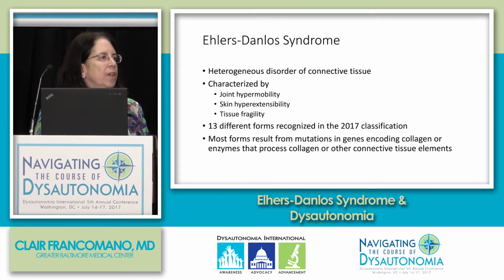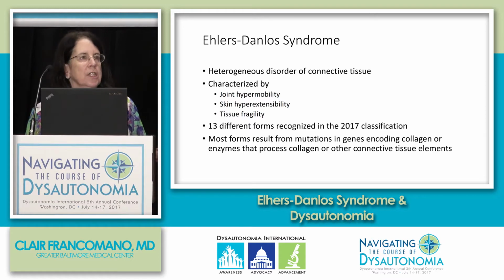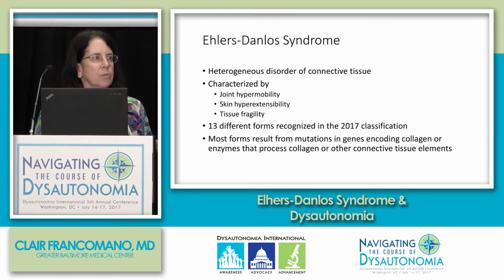These three features vary considerably between the different types. Most forms result from mutations in genes encoding collagen, the predominant protein of connective tissue, or in the enzymes that process collagen or other connective tissue elements.